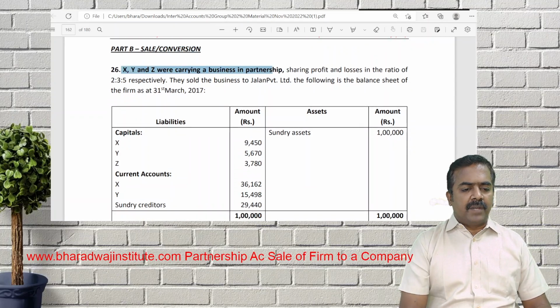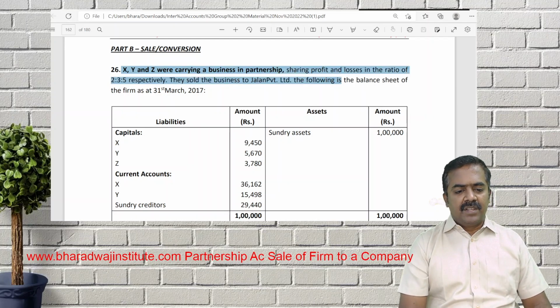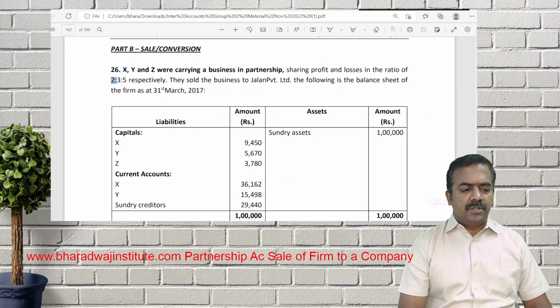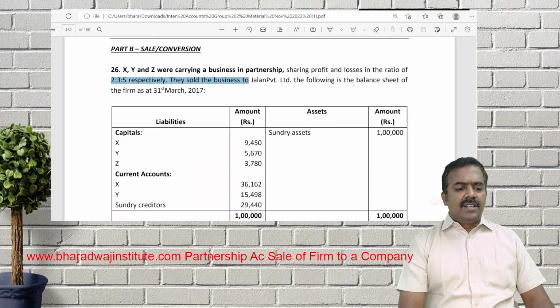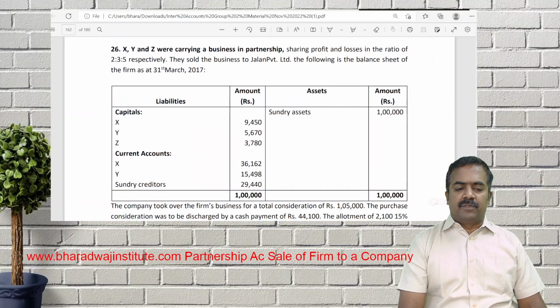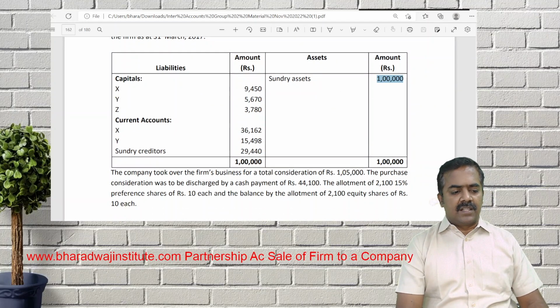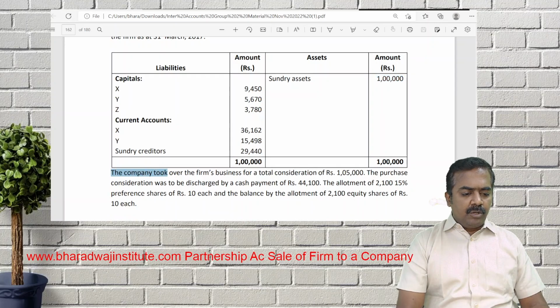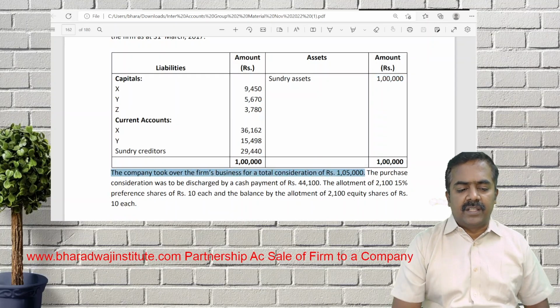X, Y, Z are in partnership, carrying on business, sharing profits and losses in the ratio 2:3:5. They sold the business to a company. The balance sheet of the firm is given to us: capital of X, Y, Z, then current accounts, creditors and sundry assets. The company took over the firm's business for a total consideration of 1,05,000.